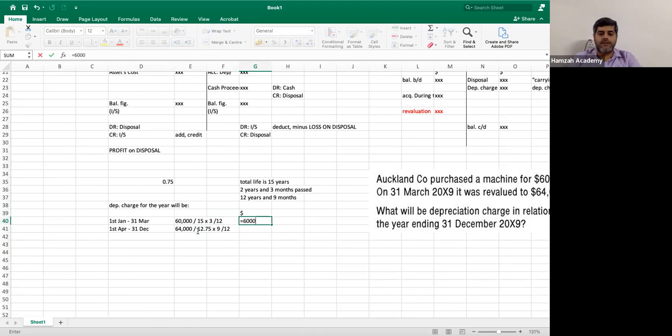So we have 60,000 by 15 into 3 by 12, then 64,000 by 12.75 into 9 by 12. We have a total of 4,764.7. Let's round it off to 4,765.